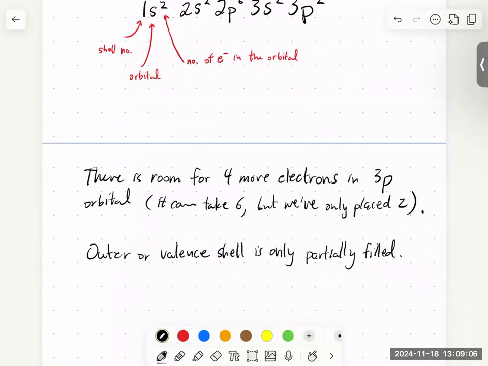Okay, so that's just a single silicon atom. What we're going to be interested in is a solid chunk of silicon. And so we're going to talk about the bonding of the atoms that make up the solid.